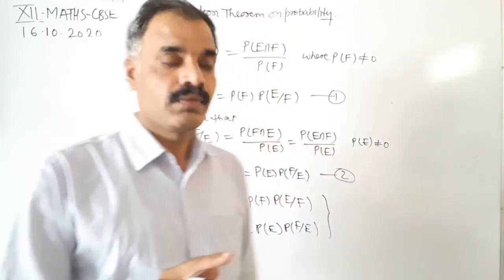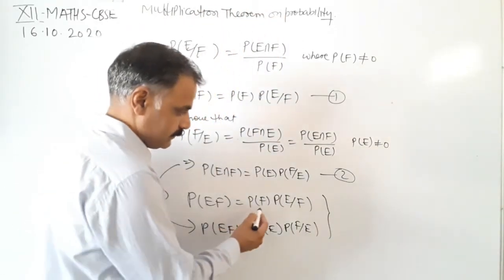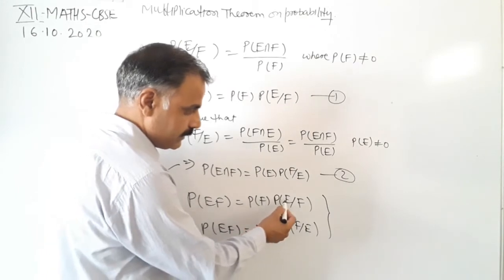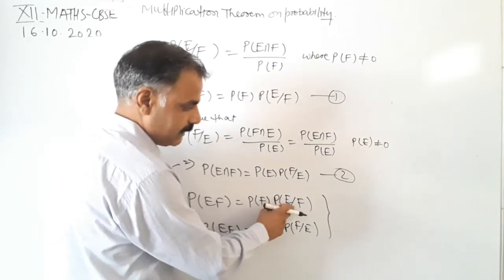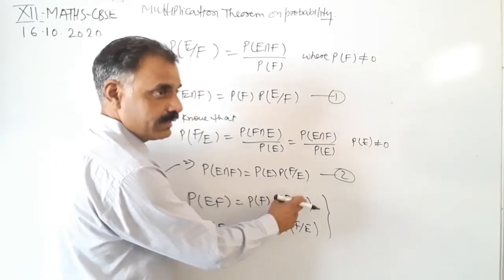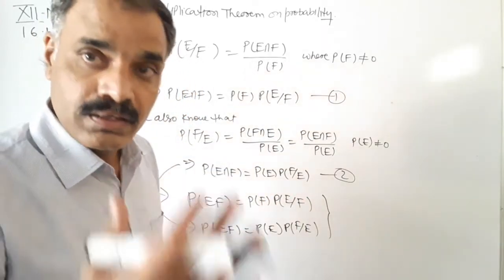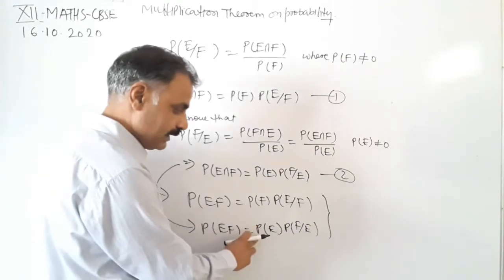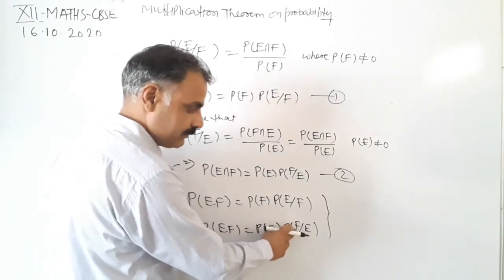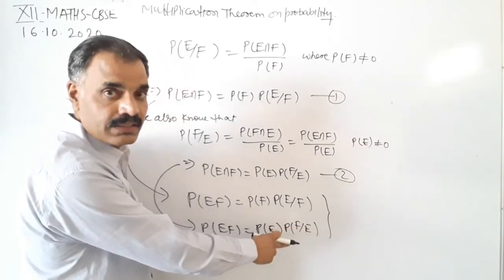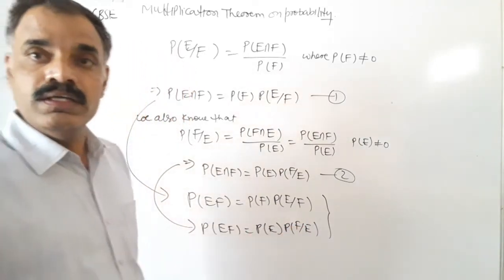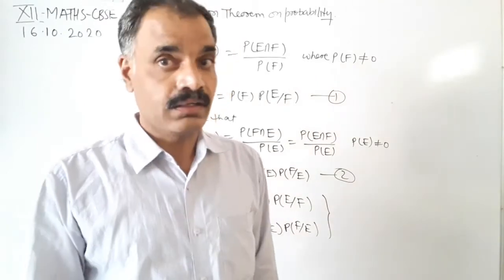Now we can see that the occurrence of the event E is affected by the occurrence of the event F, as F has already occurred. And in the second, the occurrence of the event F is affected by the occurrence of the event E, as E has already occurred.